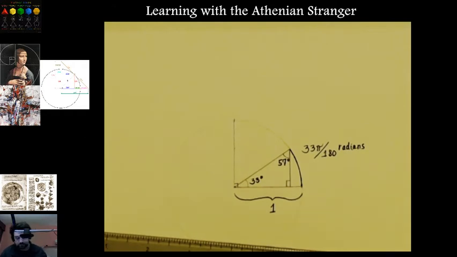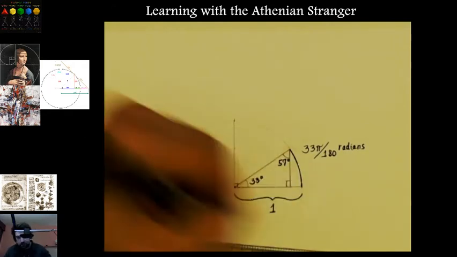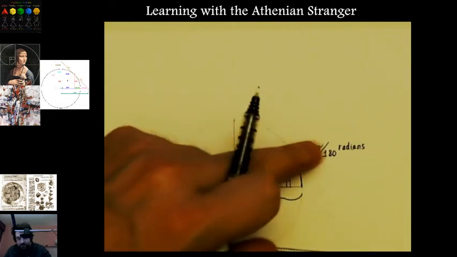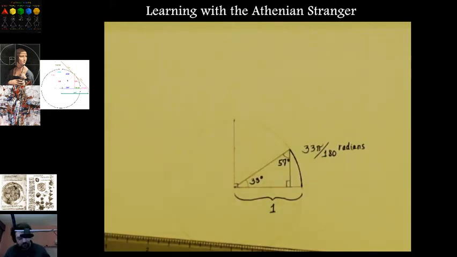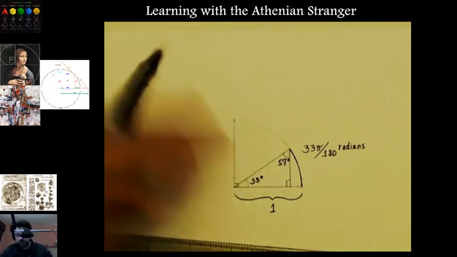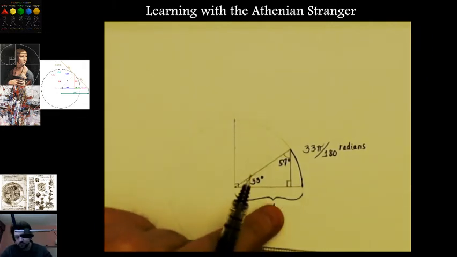The whole circle was 2 pi radians, so this is 33 pi over 180 radians for a unit circle of radius 1. This is the key.